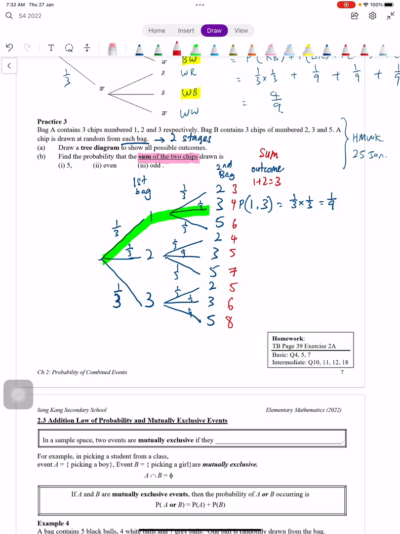Alright, so these are all the outcomes. Because all the probabilities are the same, for example, the probability of 2 and 5 is the same as well. Because all the branches are one third, every outcome is just 1 over 9.